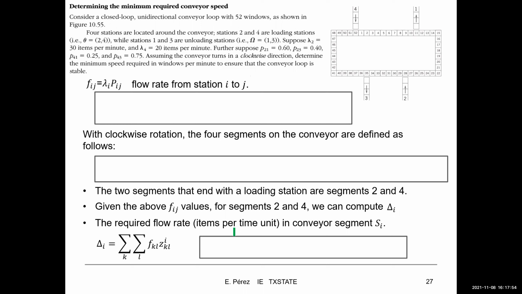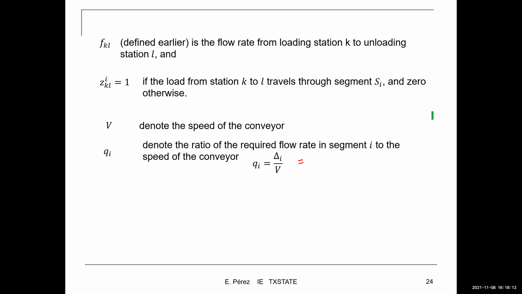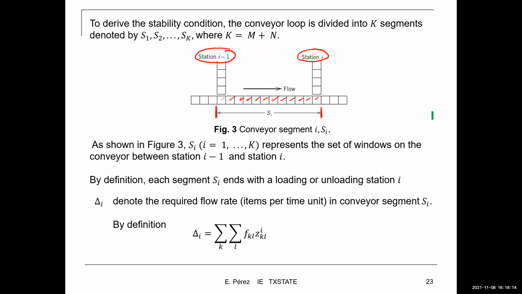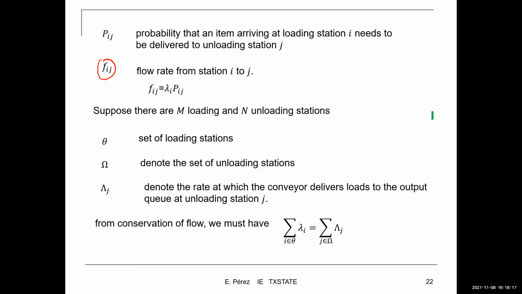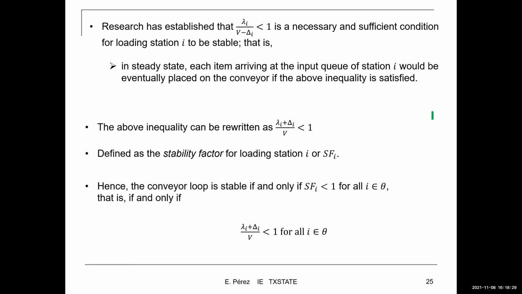So we're going to start with computing the flow rate from station I to station J. If we go back to this definition, Fij is going to be equal to lambda I times Pij. So we're going to multiply the lambdas times the probabilities to find the Fij values.